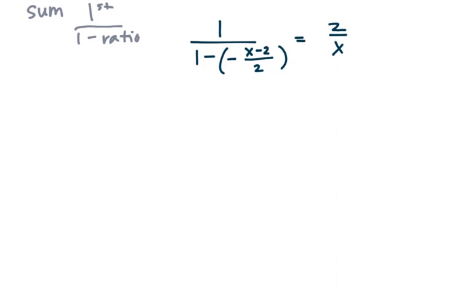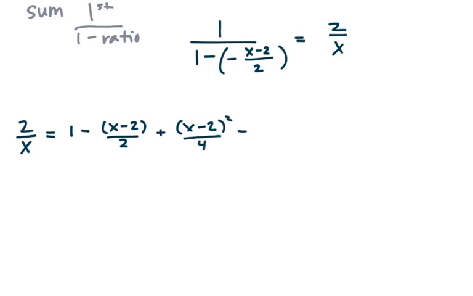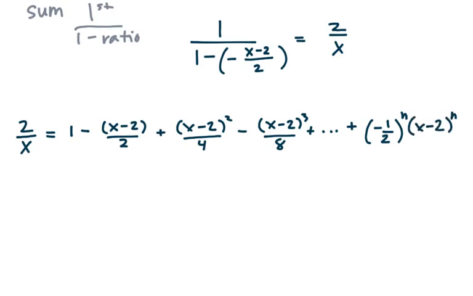So I'm going to rewrite that here. 2 over x is equal to my series, my list of terms: 1 minus 1/2 (x minus 2), so (x minus 2) over 2, plus 1/4 (x minus 2) squared over 4, minus 1/8, that's (x minus 2) cubed over 8, plus some (-1 over 2) to the n, (x minus 2) to the n, going on infinitely here.